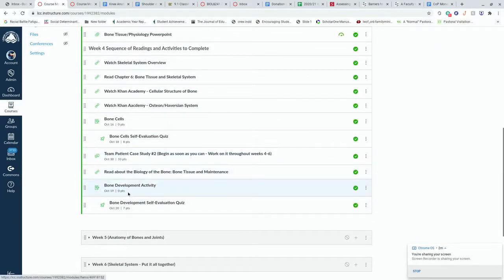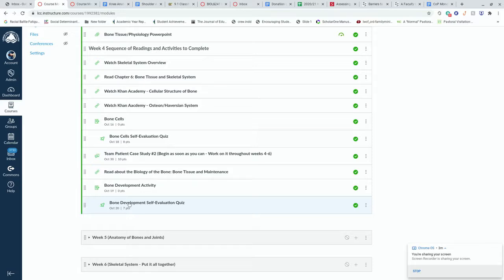I have another reading for you to do, and then you have a bone development activity. Bone development is about the two different ways our bones develop in our bodies, long bones versus flat and irregular bones. They both become your calcium and collagen matrix bone with compact on the outside and spongy on the inside, but they do it in different ways.